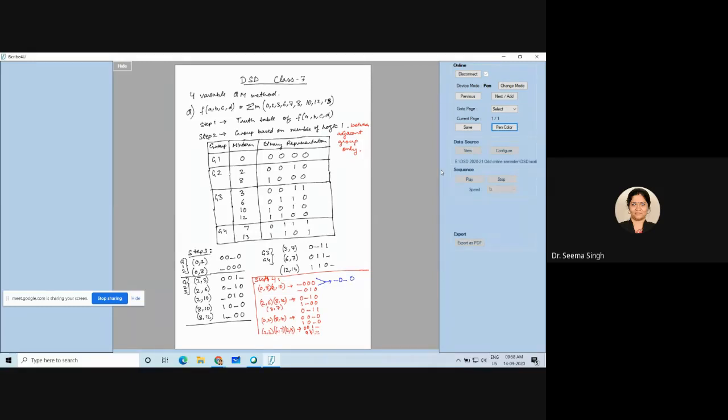Are you understanding what I am doing? Dash 0 dash 0. What does this mean? Dash means don't care. Don't care means you can fill either 0 or 1.